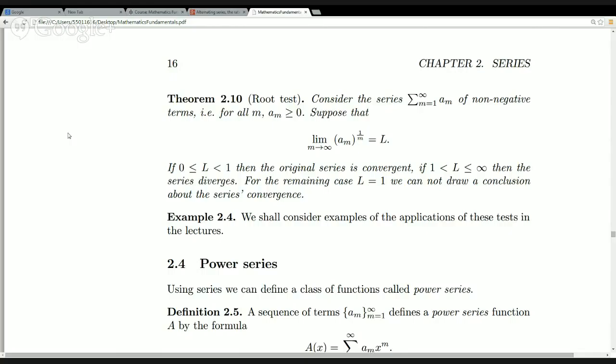Now notice with this one, if you don't have the alternating plus and minus sign, so if you just look at the sum of all these terms 1 over root n, this series diverges. This is an example of a hyperharmonic series, the sum of 1 over n to the power half.